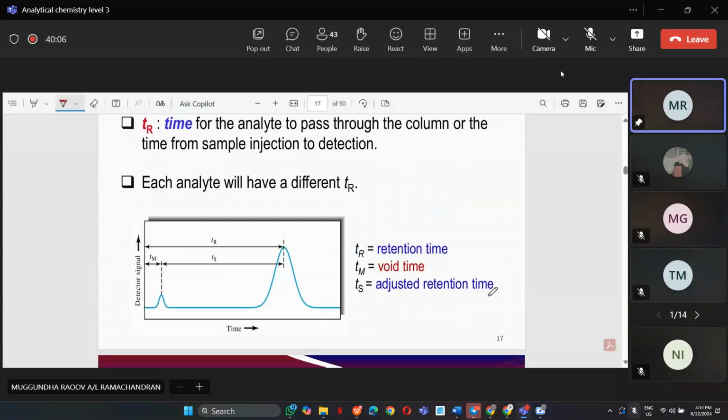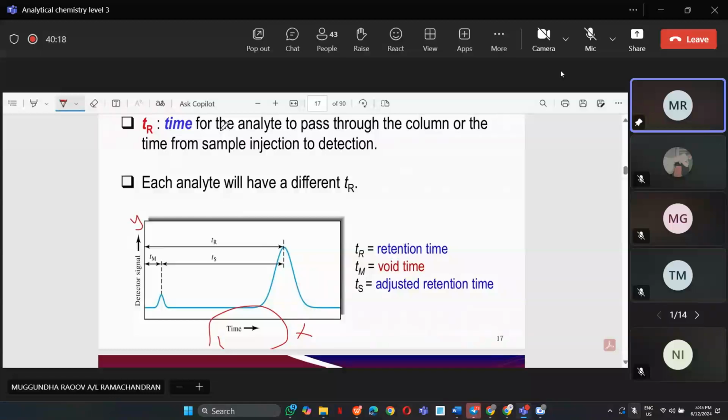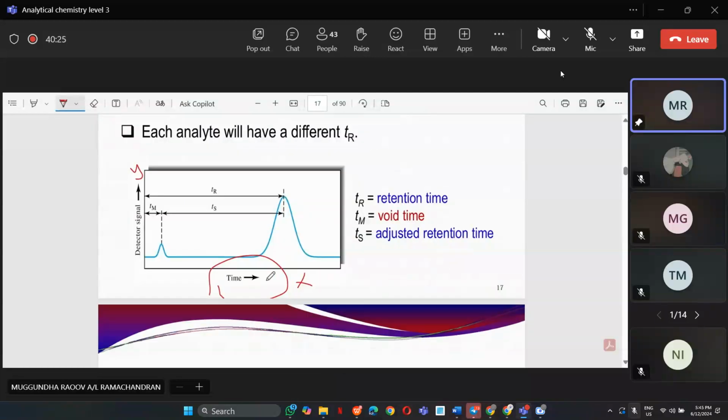When we are talking about retention time, your X will be time and Y will be peak area. Retention time is the time for the analyte to pass through the column, or the time from sample injection to detection. TR is retention time, TM is void time, and TS is adjusted retention time.